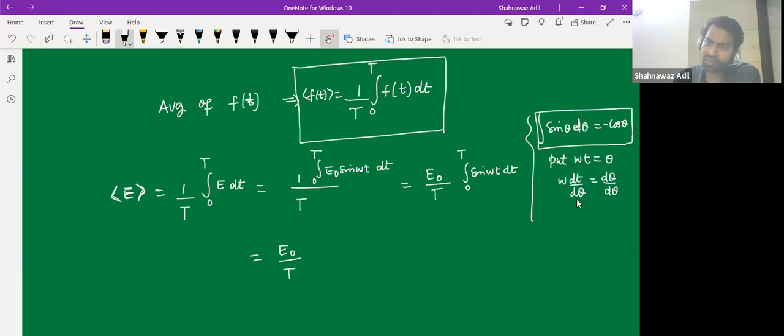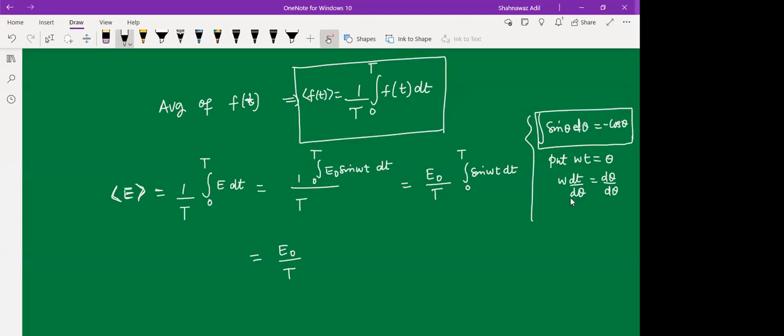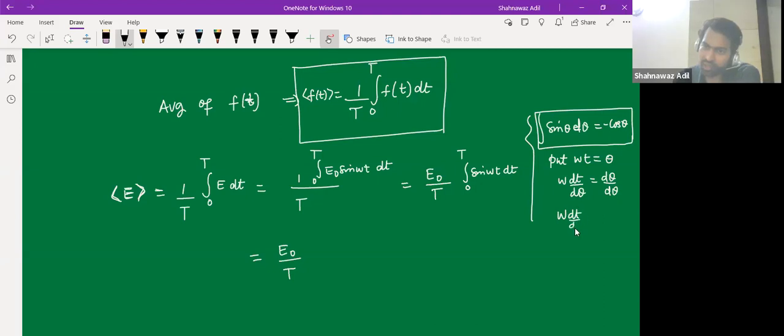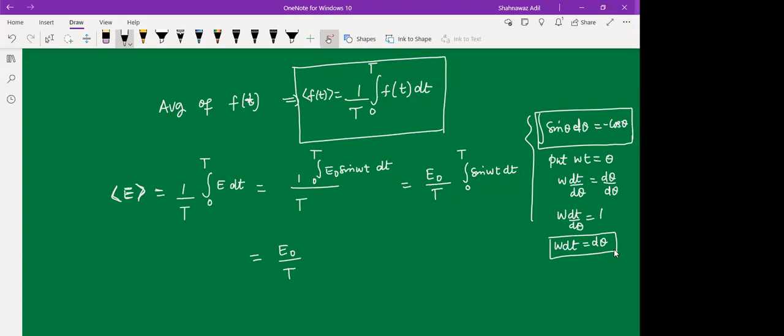Clear, everyone? So this is omega, dt by d theta, and then 1. So I take this d theta on this side. So this is omega dt equal to d theta. Okay. Any doubt up to this point? Do you guys have any doubt?